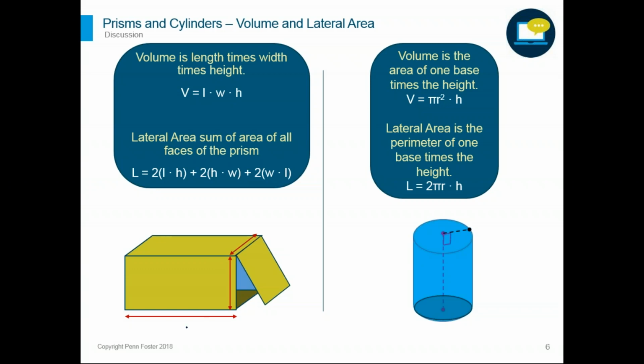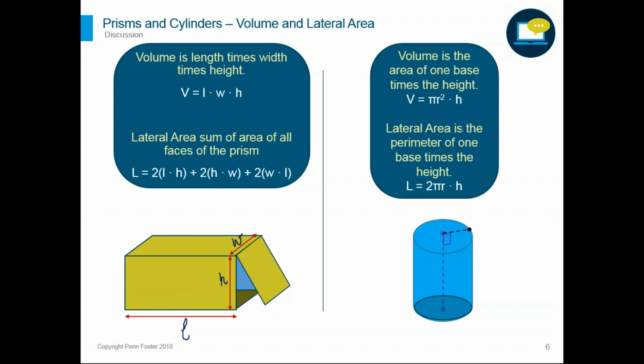So that would be the length, that would be the height, and that is the width. If you know these three dimensions, you can multiply them together. That will give you the volume, how much air, how much space inside that solid. Or if you need the lateral area, then you need to calculate the area for the outside walls of the solid.